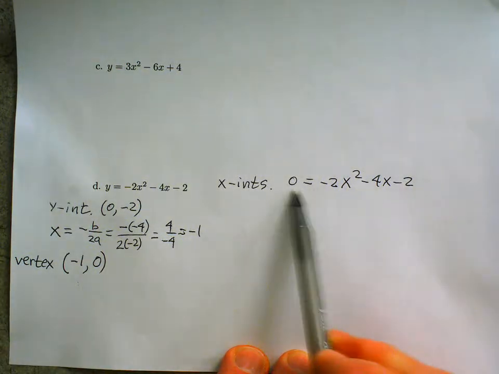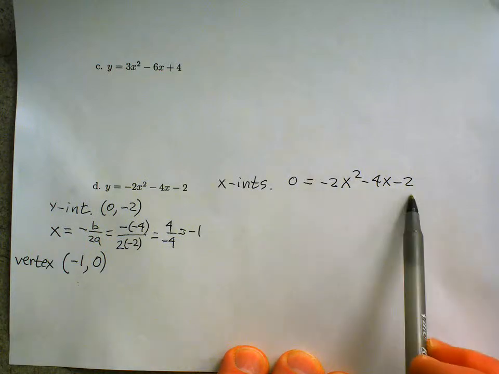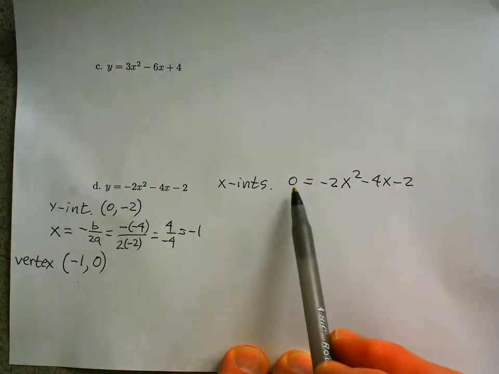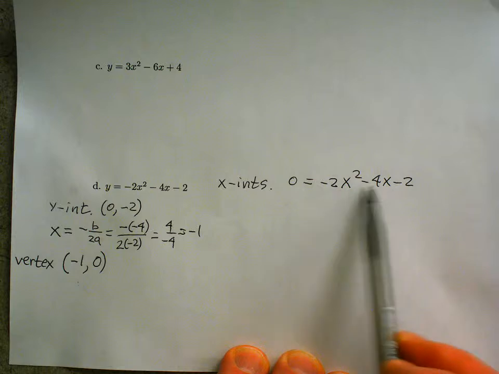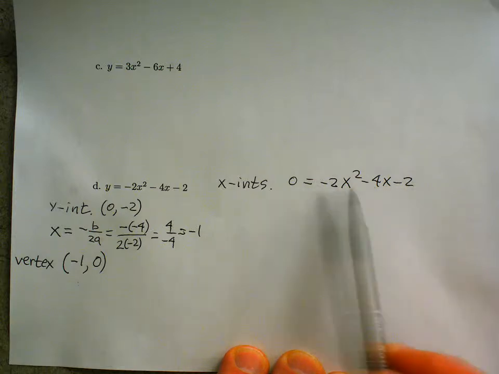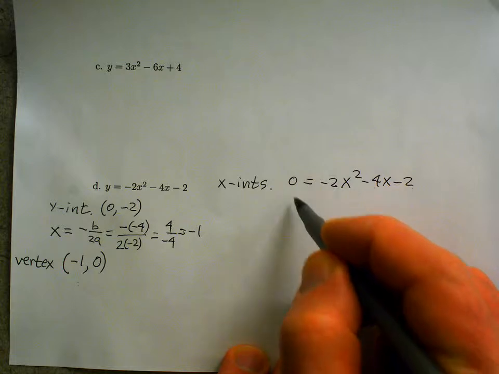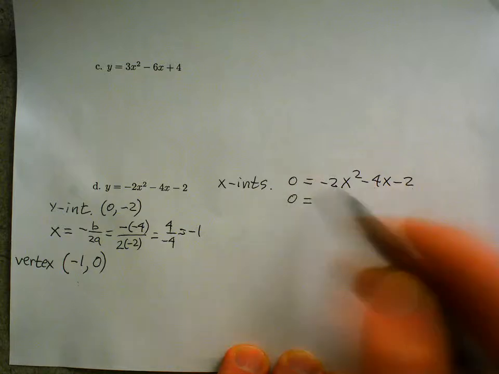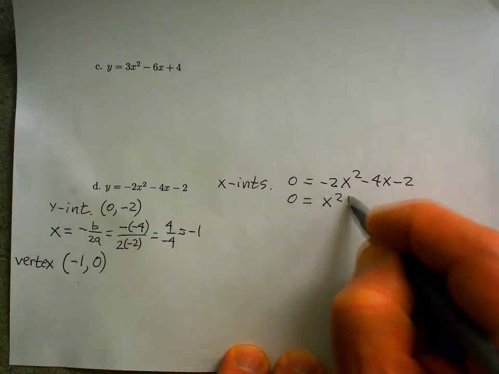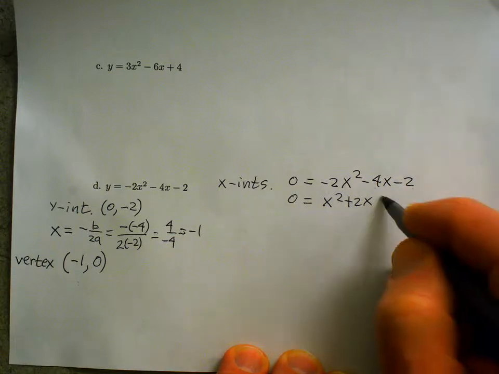Then in the process of solving this equation for x, I would divide every term on both sides by -2 to make the arithmetic simpler. So divide both sides by -2, we get 0 equals x squared plus 2x plus 1.